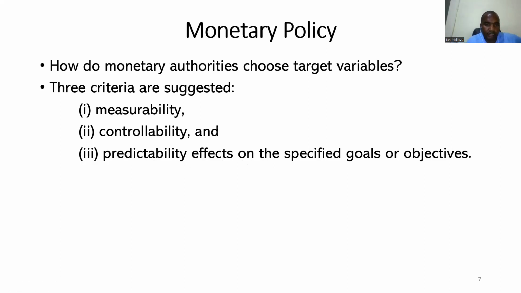In as much as monetary authorities are able to specify or spell out all the key stages of the transmission mechanism of a certain monetary policy measure, it's important that monetary authorities are able to predict the impact of a certain policy instrument being implemented.